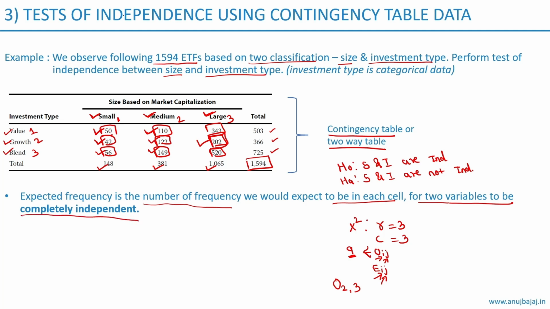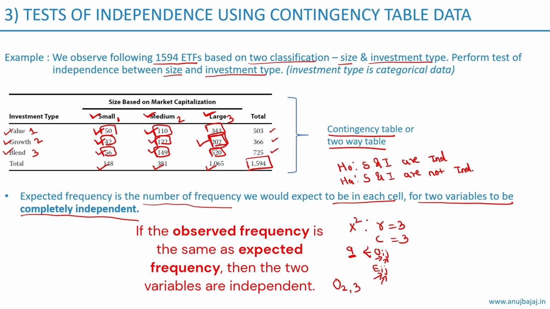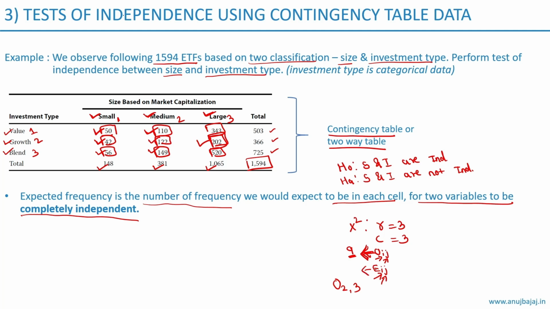So we can say that if the expected frequency, which is required for the two variables to be completely independent, is the same as the observed frequency, then we can conclude that both of them are completely independent. But practically speaking, they will never be the same. There will be some differences between the observed frequency and the expected frequency in each cell.